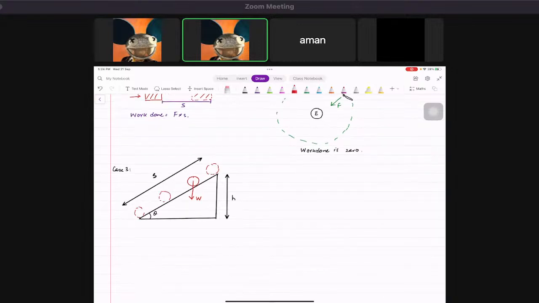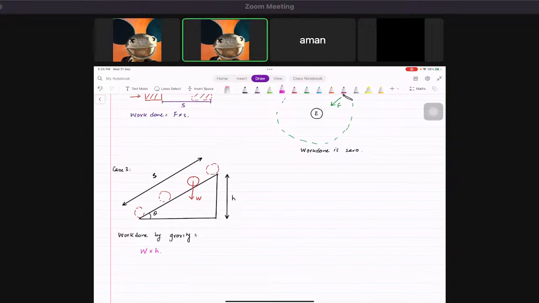The thing is that there are two ways of finding the work here. First of all, we could say work done by gravity would be equal to W times h, because that is the parallel distance to the force.